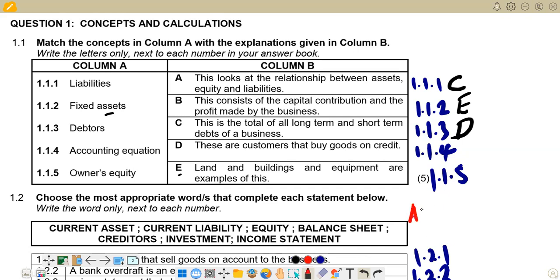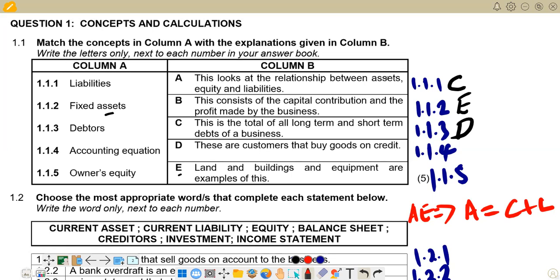It says assets is equal to capital plus liability. So this is the accounting equation in the form of a formula. If you go to the options that we are given, you see that the most appropriate there is A.